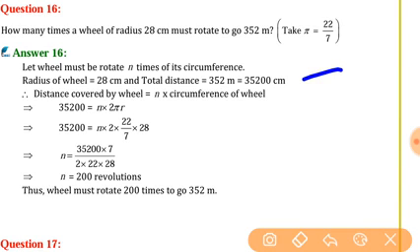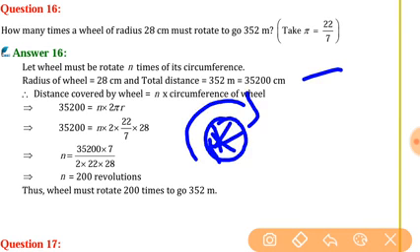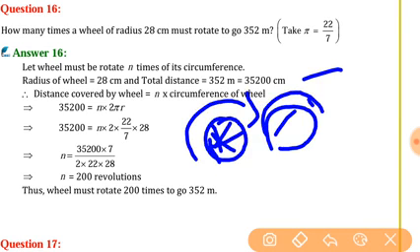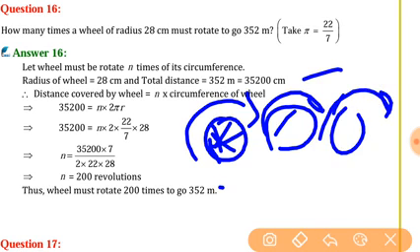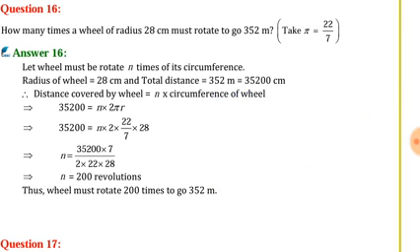So distance covered by the wheel is equal to number of times repetition into circumference. Why? Because if the wheel is rotating like this, after one rotation, second rotation, third rotation, like this, the number of rotations means that many times the circumference.